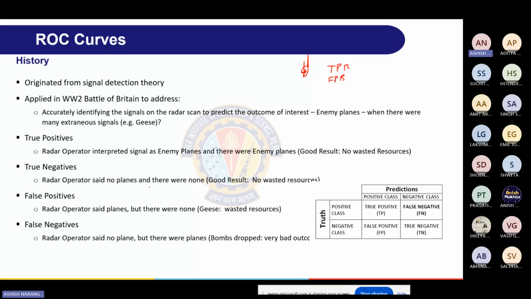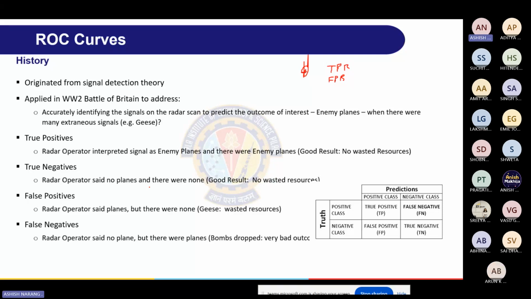Okay, now a little bit of theory about these ROC curves, right? ROC stands for receiver operating characteristics, so this becomes the receiver operating characteristics curve. Let me explain it in a very simple way.